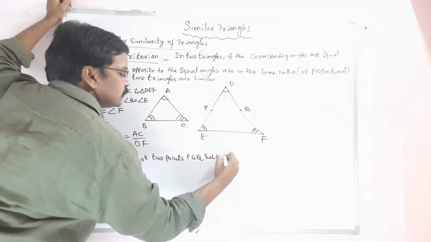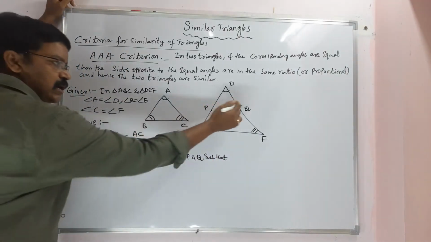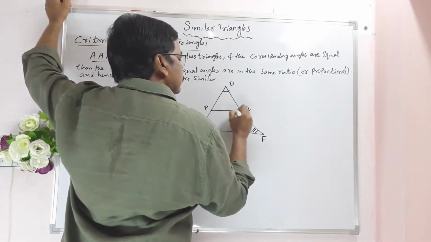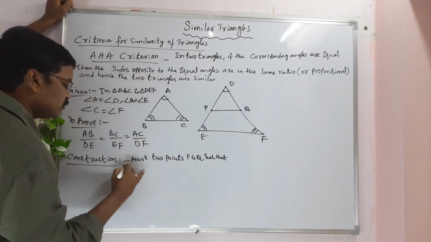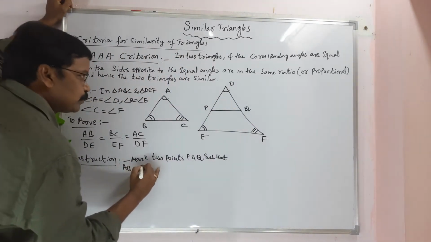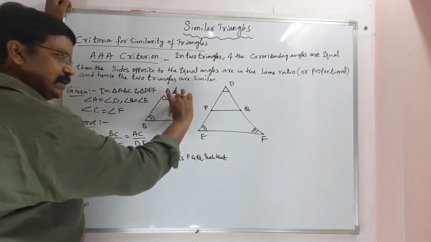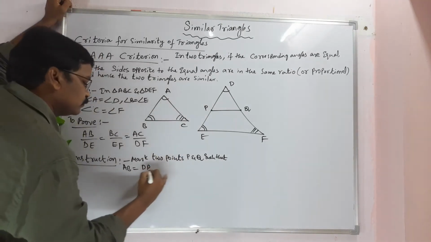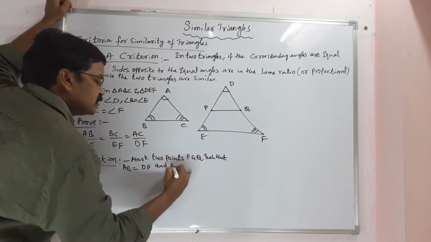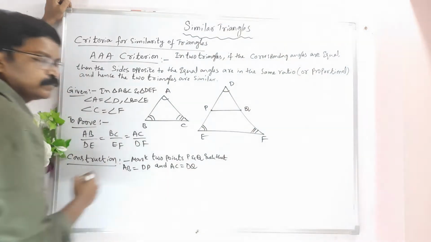Mark 2 points P and Q such that AB is equal to DP, and AC is equal to DQ.